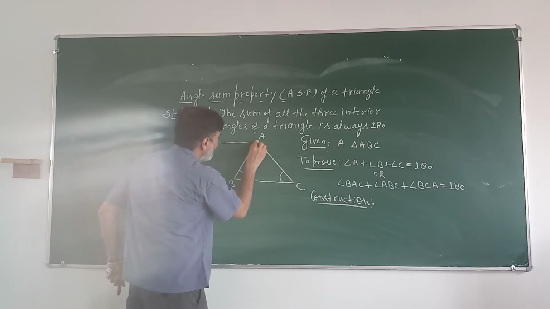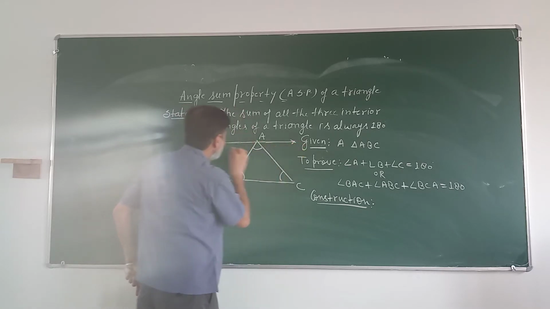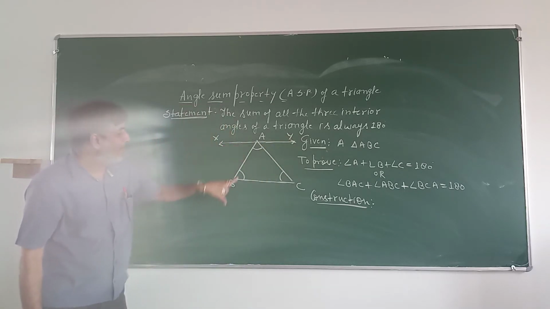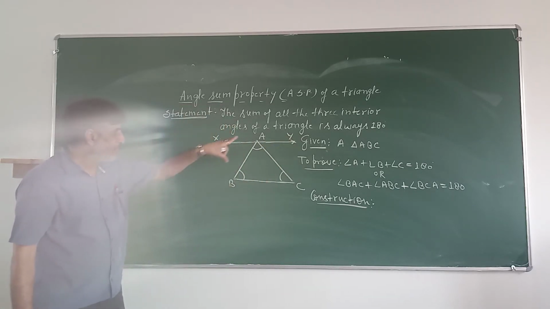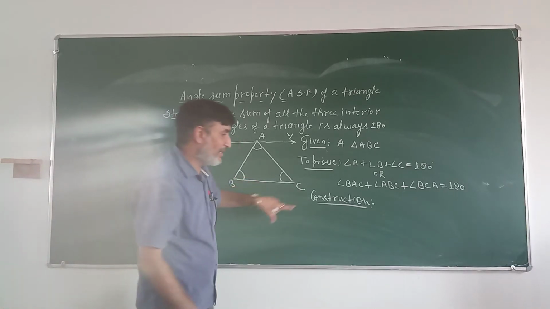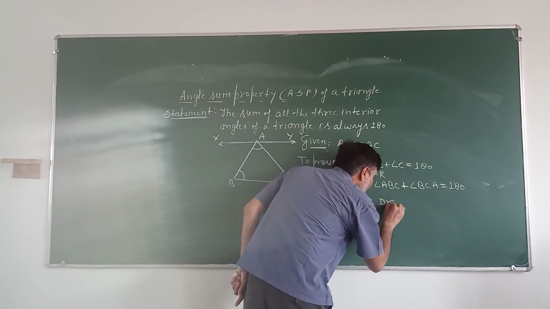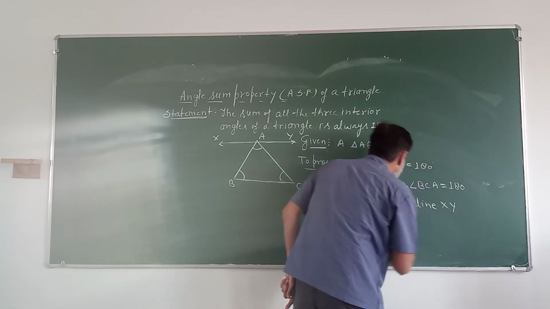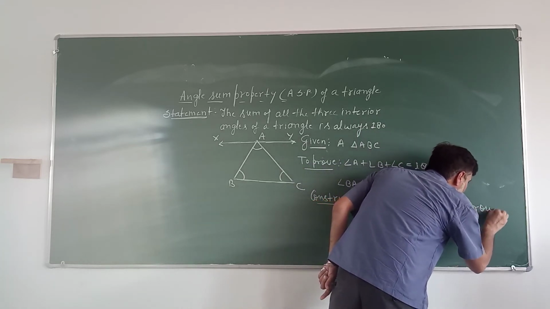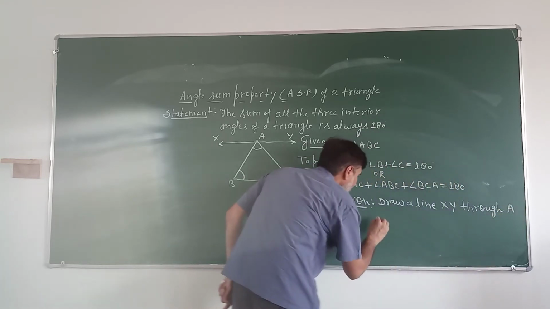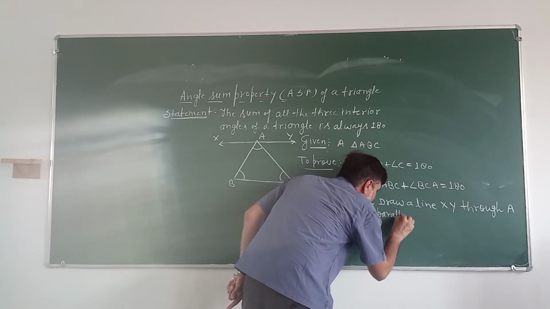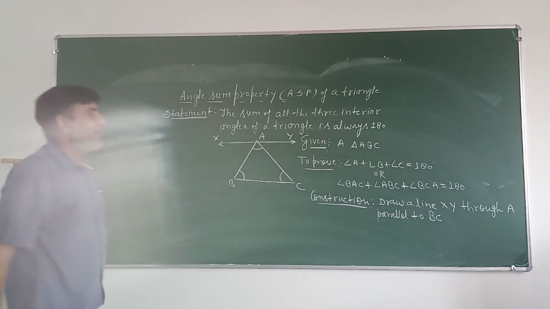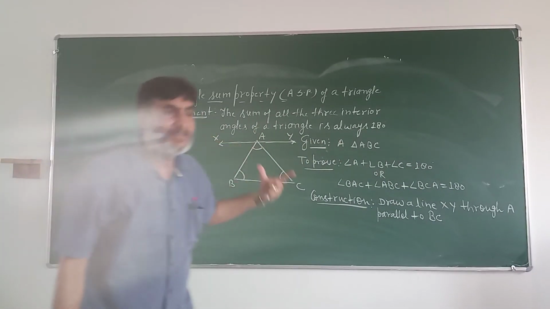Here, let us draw a line, say XY, which passes through A and is parallel to BC. So this one is written in our third step: draw a line XY through A parallel to BC.